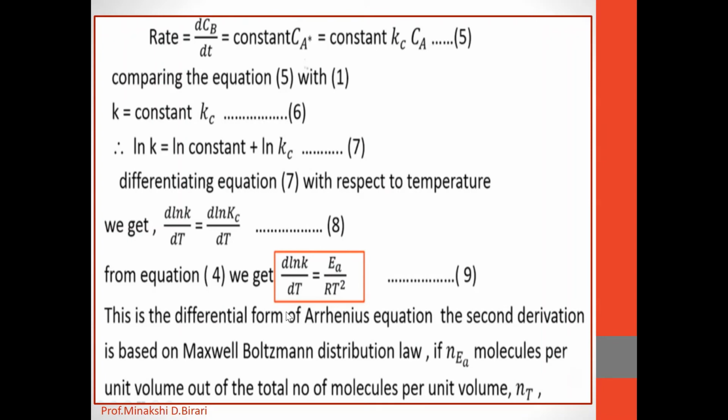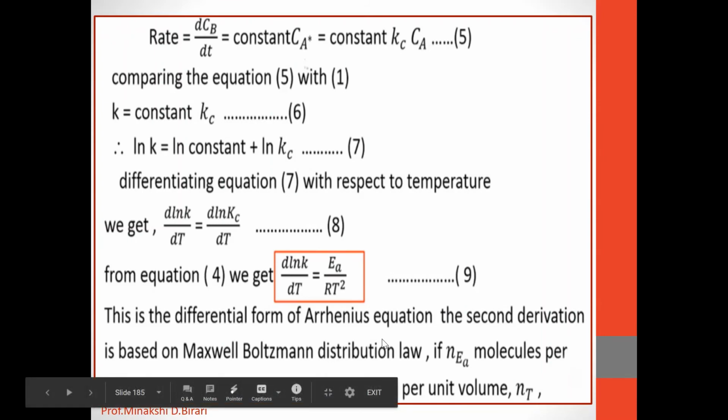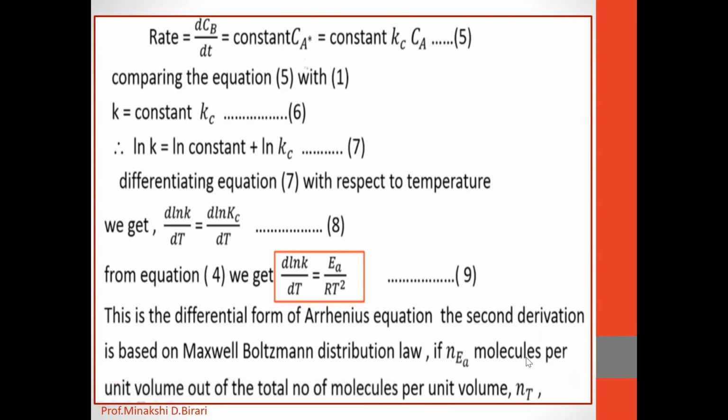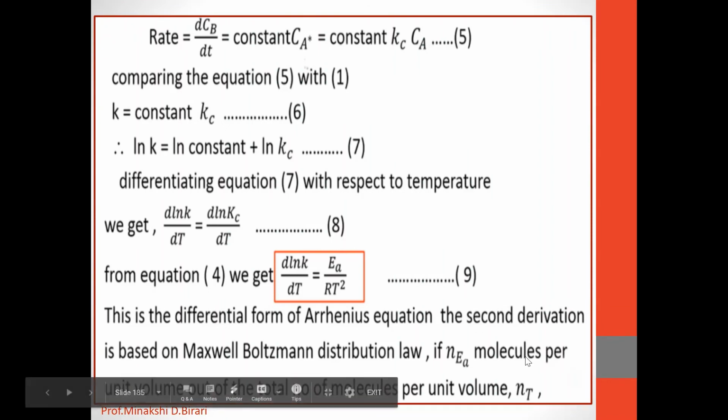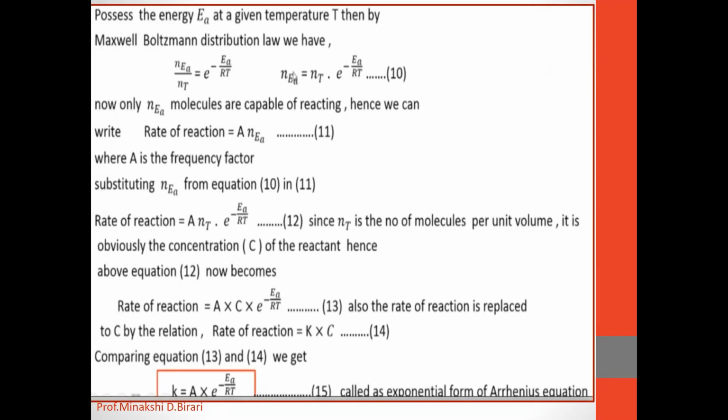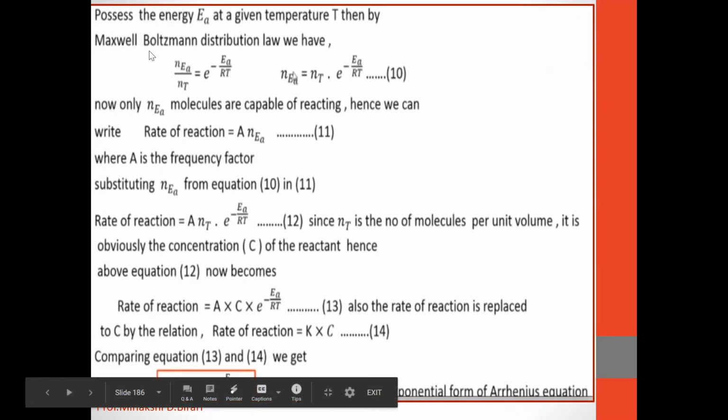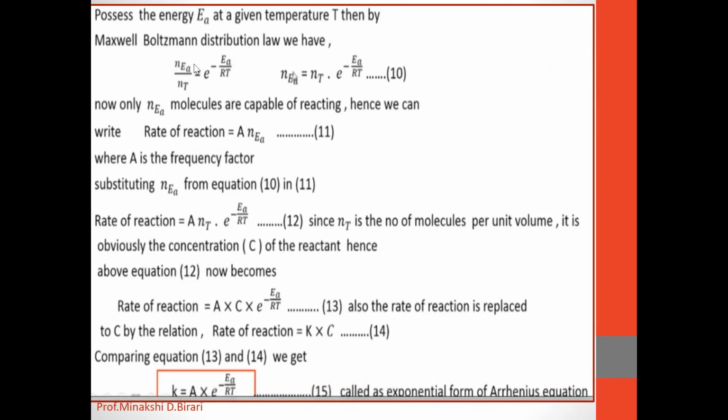The second derivation is based upon the Maxwell-Boltzmann distribution law. If NEa molecules per unit volume, out of the total number of molecules per unit volume NT, possess the energy Ea at a given temperature T, then by using the Maxwell-Boltzmann distribution law, we have NEa upon NT is equal to e raised to minus Ea upon RT.